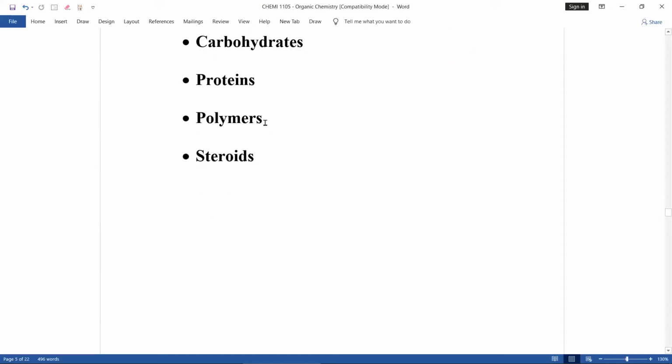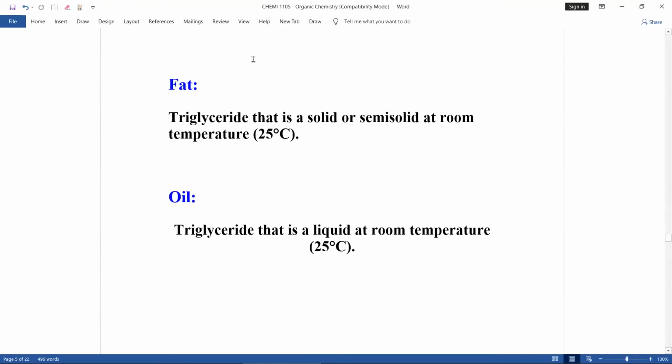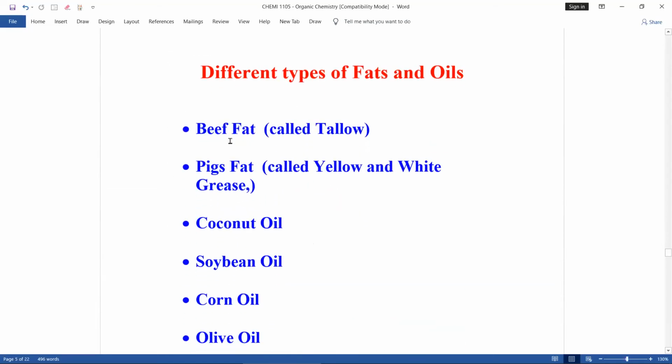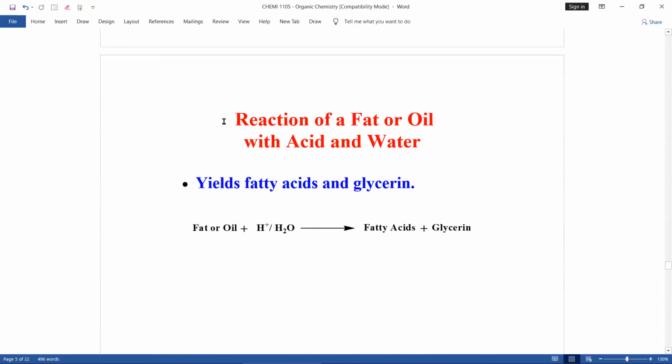Same thing here. I talked about fats and oils yesterday. I'm not going to ask you, but you might want to know. A fat is called a triglyceride. It's a solid or semi-solid at room temperature. Oil is a liquid triglyceride at room temperature. And I talked about different types of fats and oils. That won't be on the test.